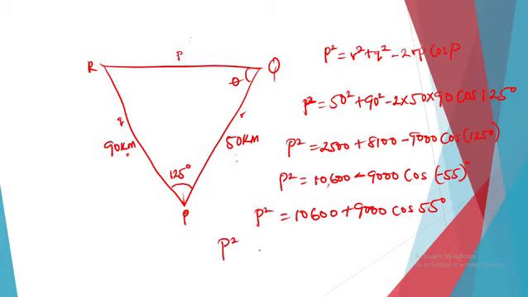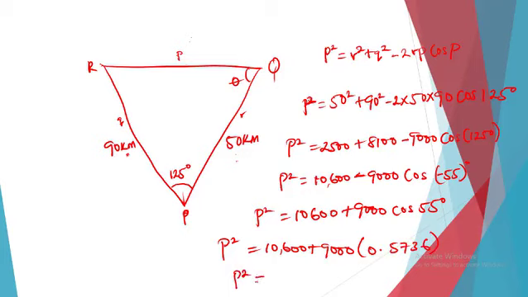Therefore P squared will be equal to 10,600 plus 9,000 times cos 55, which is 0.5736. Okay, cross check it on your calculator.